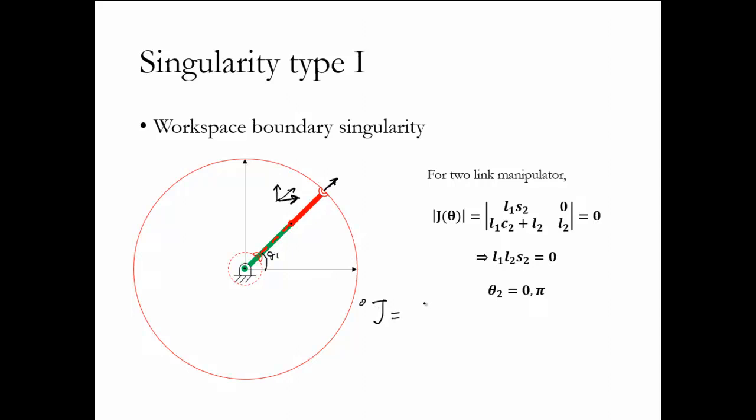Jacobians can also be put up in different frames. So the actual Jacobian would look like this, or you can say Jacobian in the base frame. Similar to what we just derived in the previous slide, instead of L1 we can have A1, A2 and all those things.